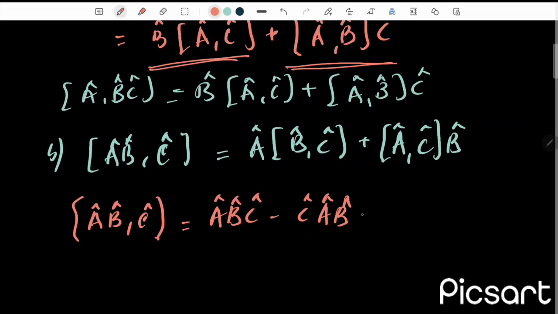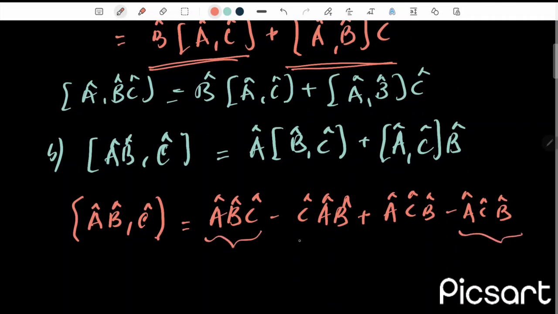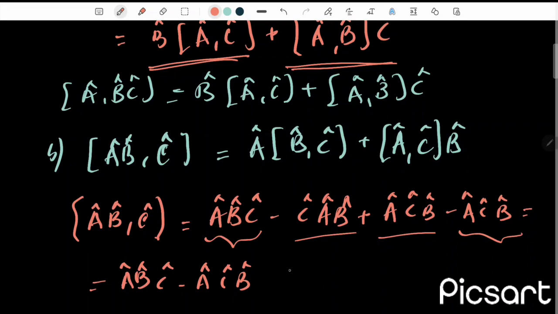Then we can sum here a term, for example, A C B, and subtract the same term, A C B. And from here we work this term with this one, and this with this, and we have A B C minus A C B plus A C B minus C A B.